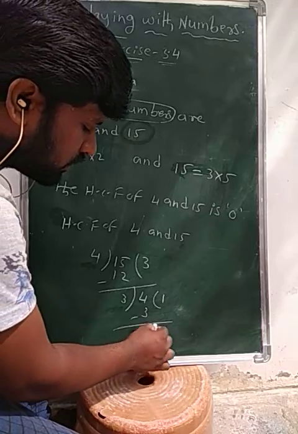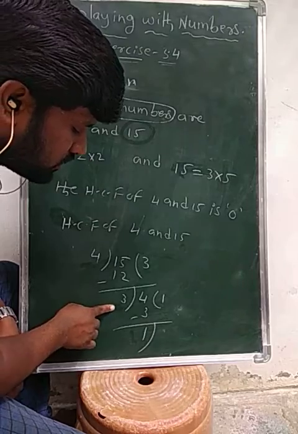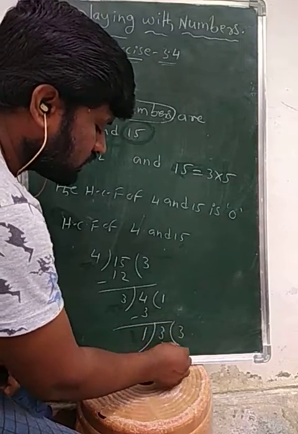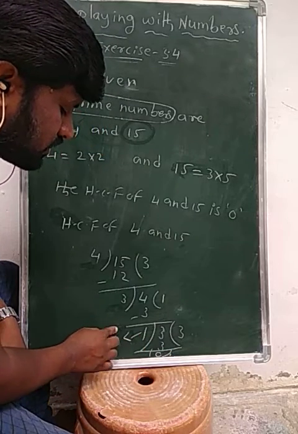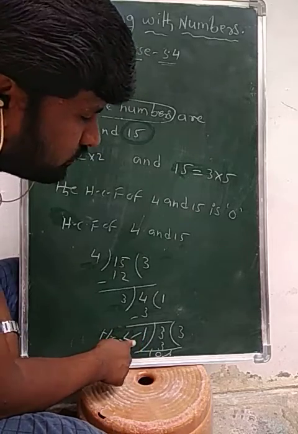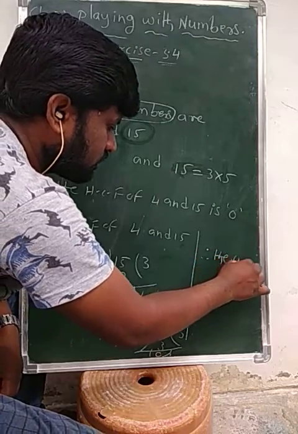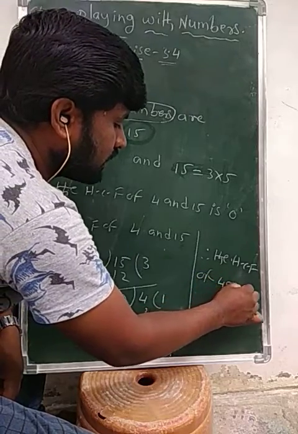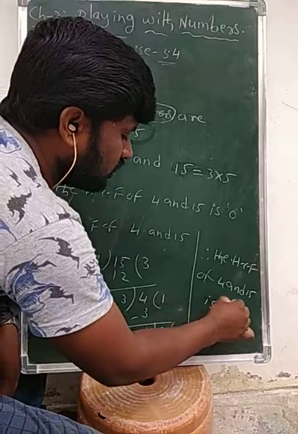Now 1 as the remainder acts as the divisor and the divisor 3 acts as the dividend. 1 three is 3, so we get the remainder 0. The last divisor is 1, which is the HCF. Therefore the HCF of 4 and 15 is 1.